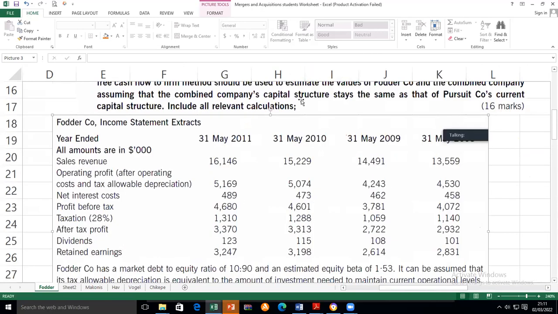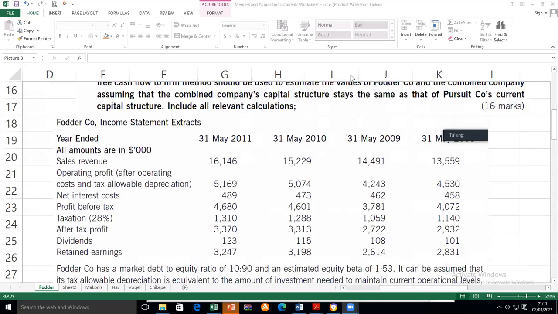Your operating profit figures every year are here. Out of the sales of so much, these are the operating profit figures on these sales.